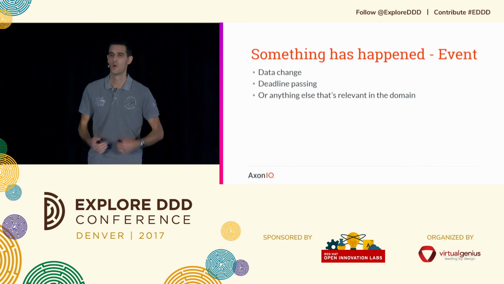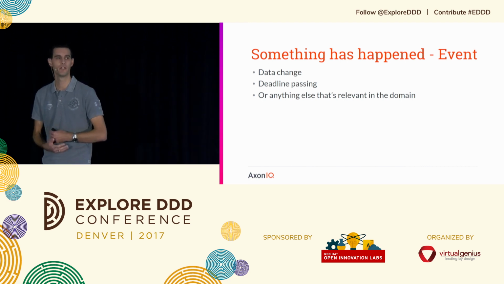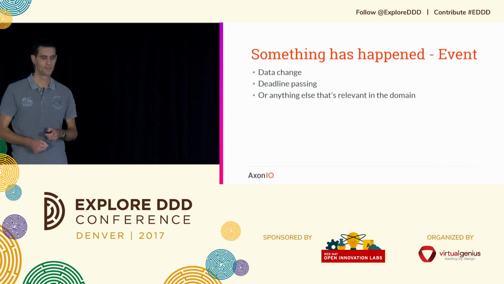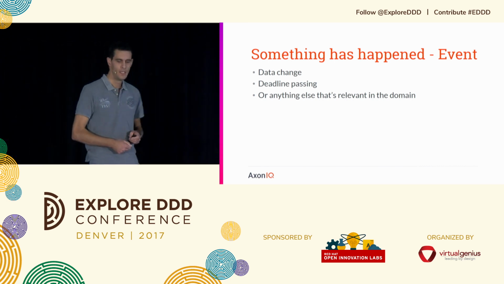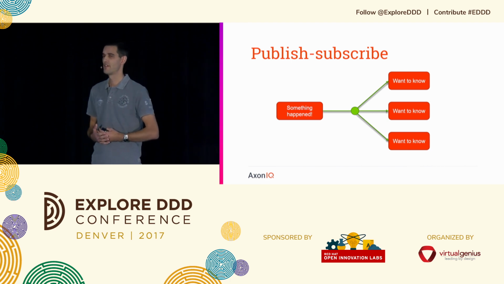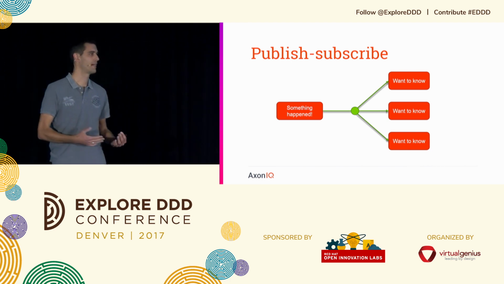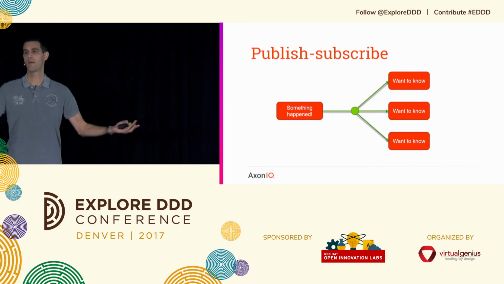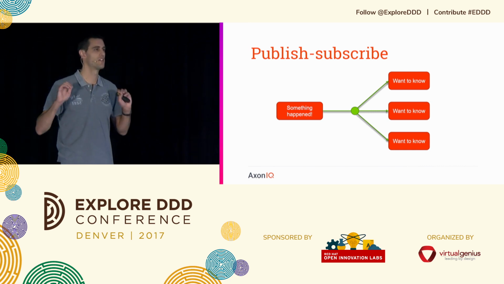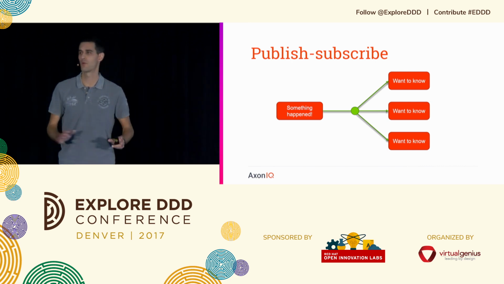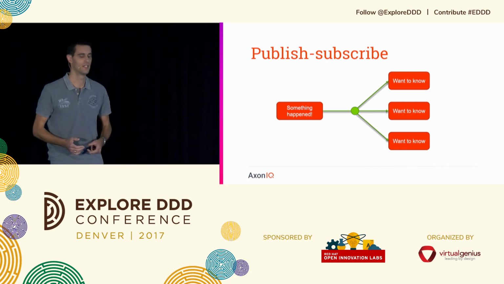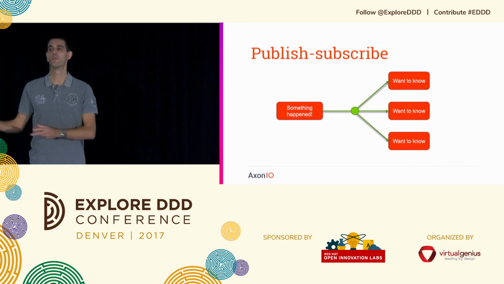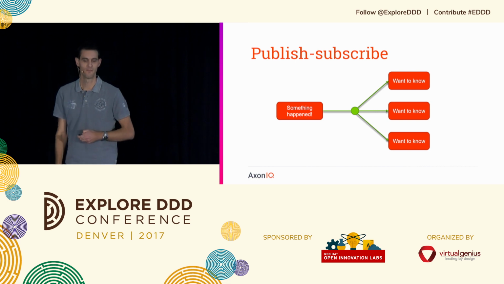Or anything else, whatever is relevant that happened in your domain, you can emit as a domain event. Events typically have a publish-subscribe pattern. It's a component that says something happened, throws it out to the world, and doesn't care who or what picks it up or when or in what order. It's just, I just want to say it happened, deal with it, I'm moving on with my life.